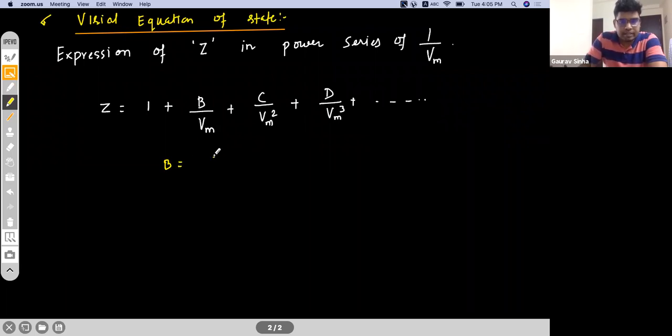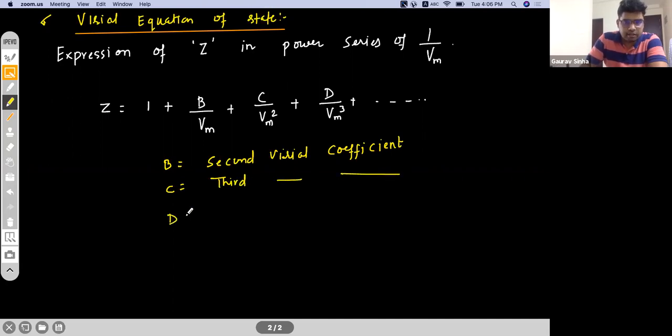B is the second virial coefficient. Similarly, C is the third virial coefficient, and D is the fourth, and so on. Okay, B, C, and D we have.